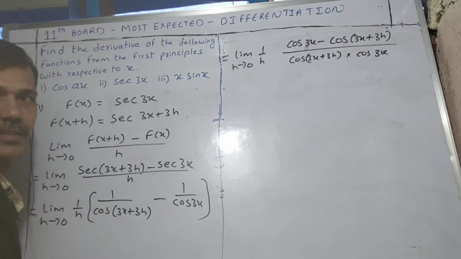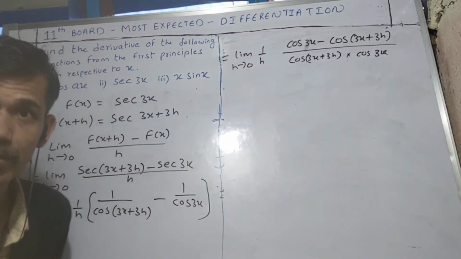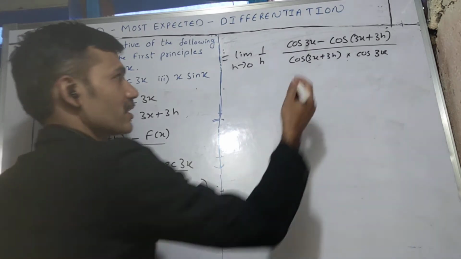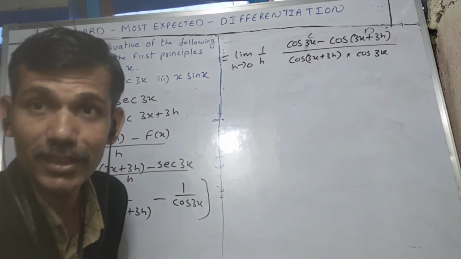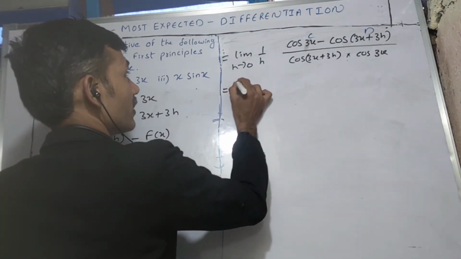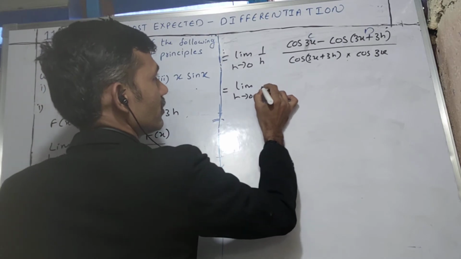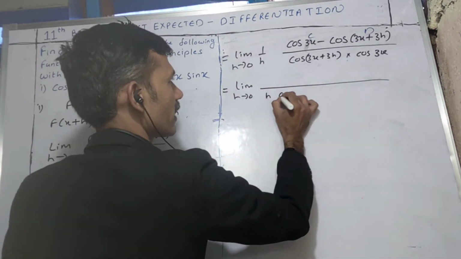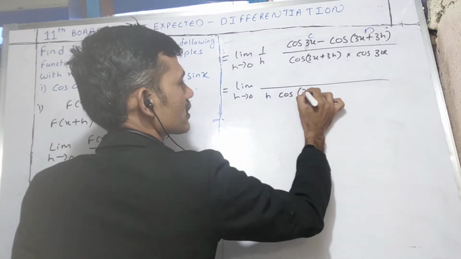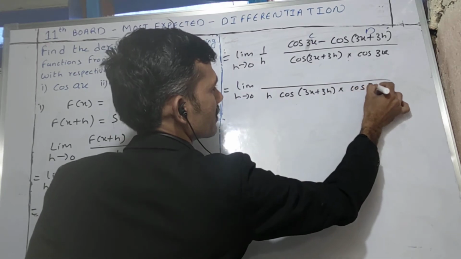This we are having. In the numerator we can apply the formula, cos c minus cos d like earlier. Limit h tends to 0. In the denominator we are having all these things: we'll write h times cos of (3x plus 3h) times cos 3x.